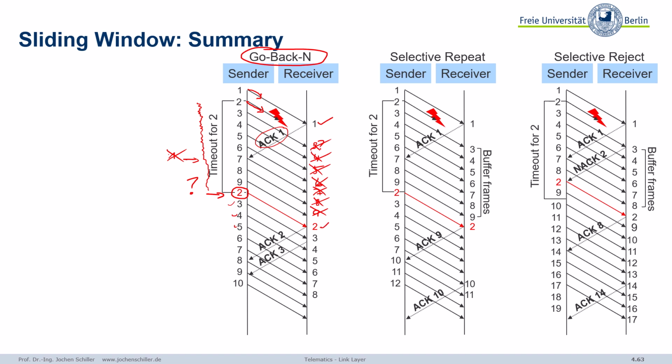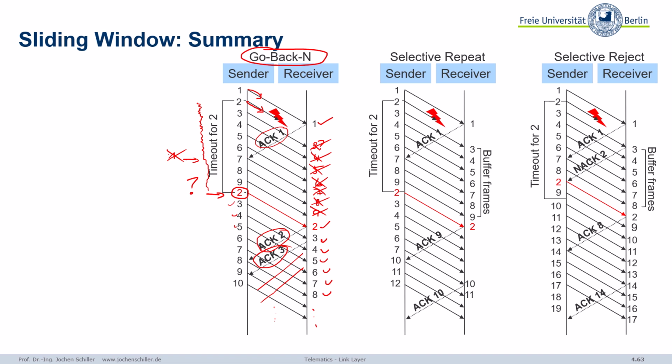Perfect, you can send back acknowledgement for 2, acknowledgement for 3, and so on for 4, 5, and so on. And now we receive everything in order.